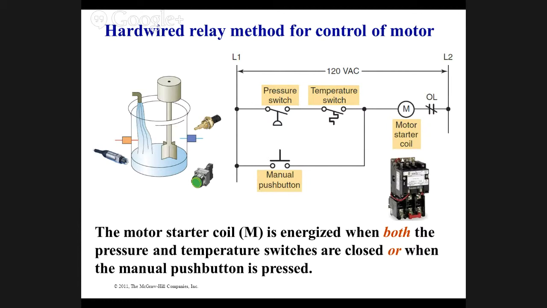Okay, we're back. So what we have here is a pressure switch and a temperature switch, and how this works is when the pressure switch is activated, and the water is at a certain temperature, we're going to turn the motor on.